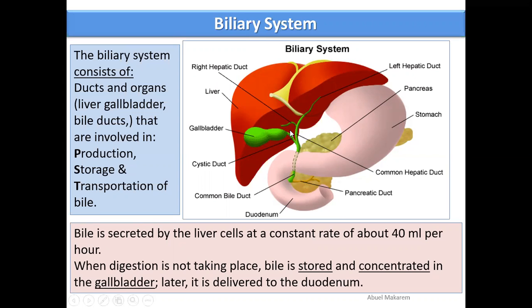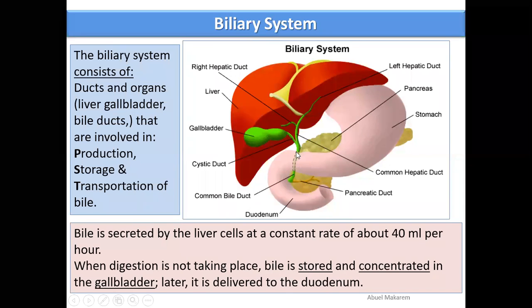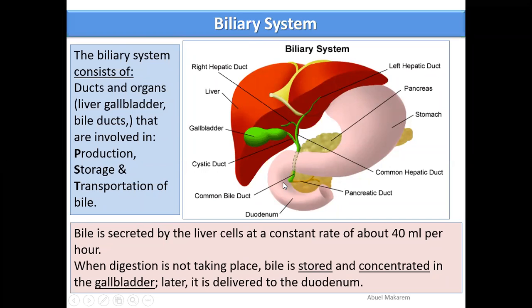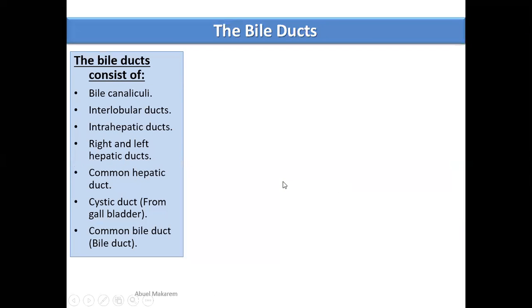Once there is fat intake, the gallbladder will release the bile. Later it is delivered into the duodenum, especially during fatty meals.